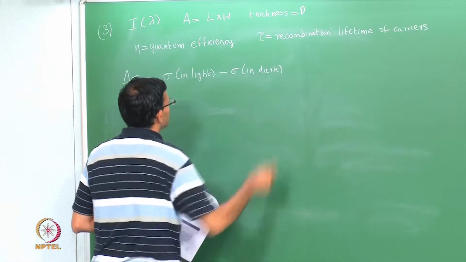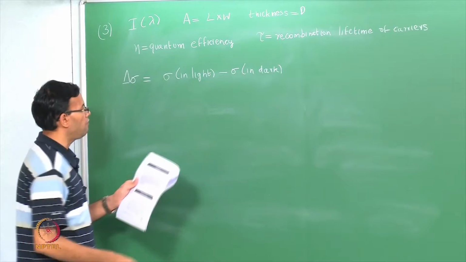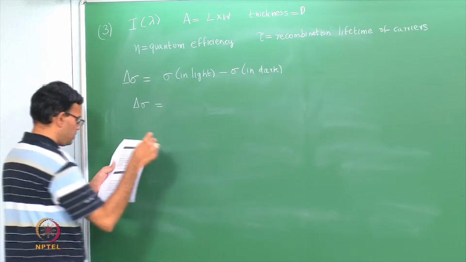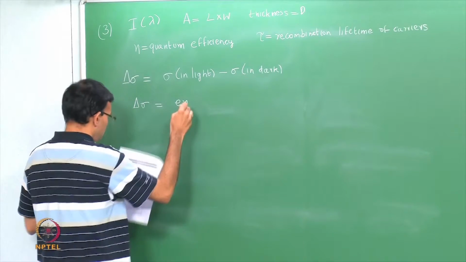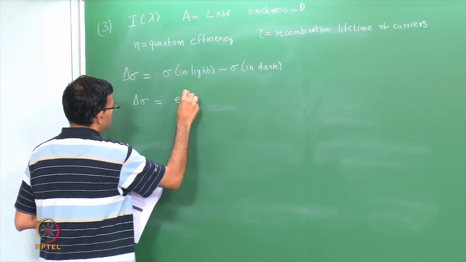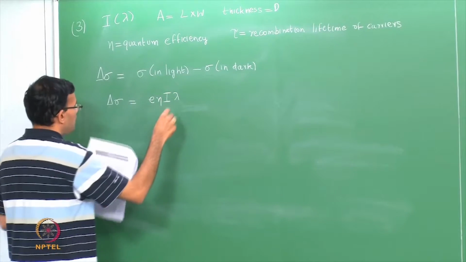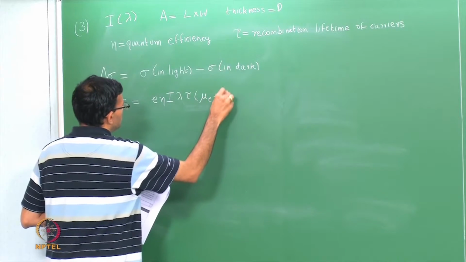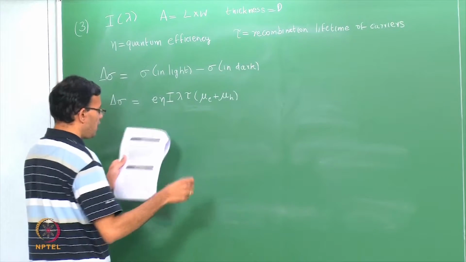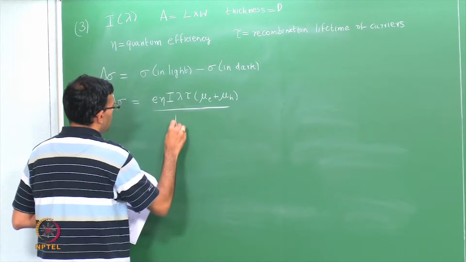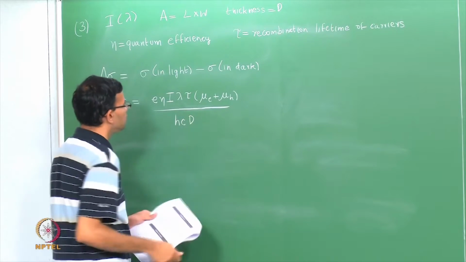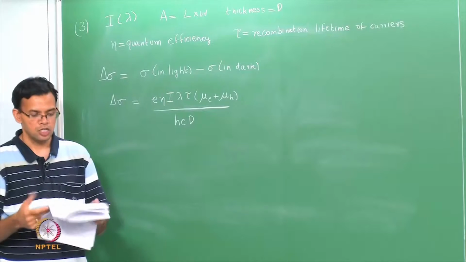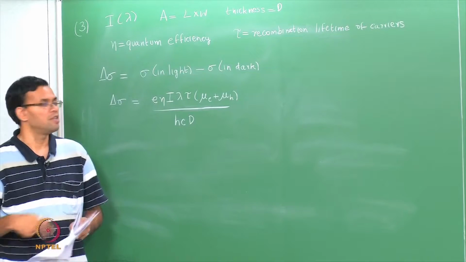Typically that is a dark state, and we have to show that delta sigma is equal to e eta I lambda tau (mu e plus mu h) over h c D.